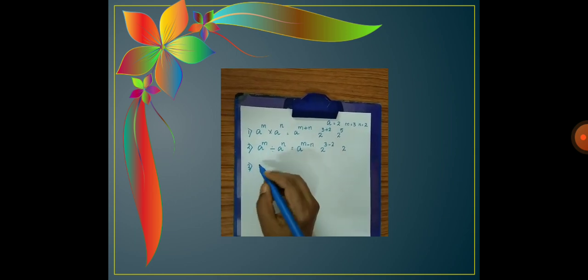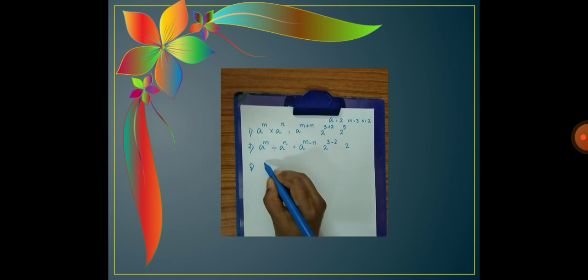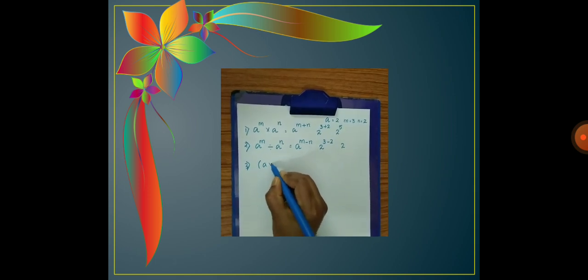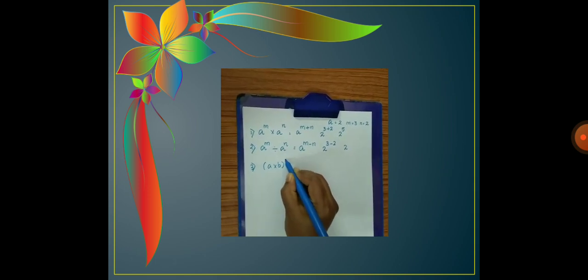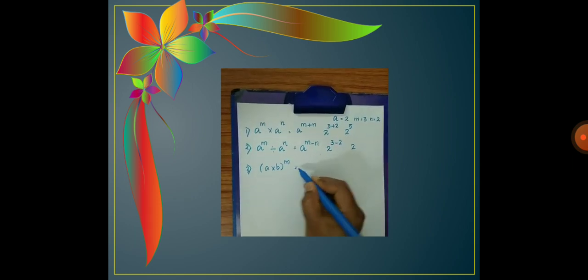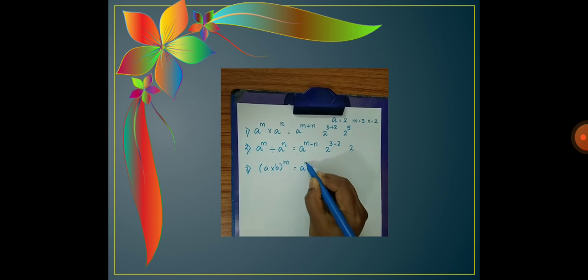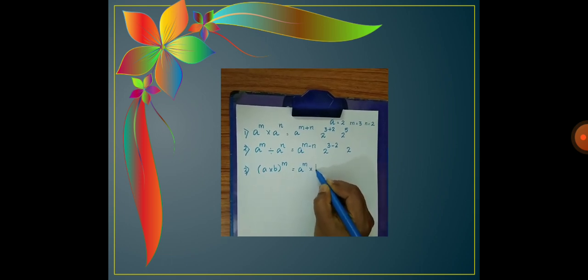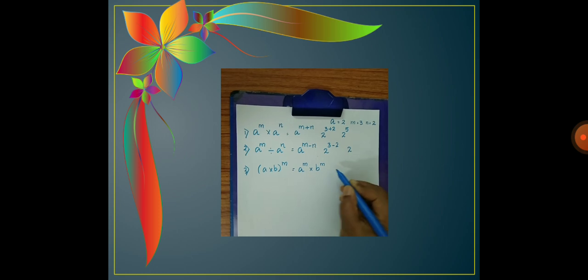Next, third is a into b raised to the power m, that is equal to a raised to the power m into b raised to the power m.